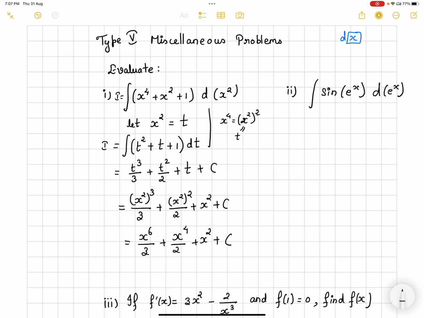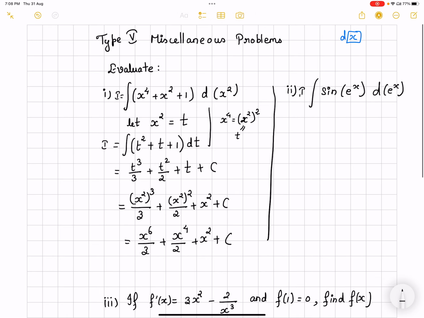Just because we considered x square is equal to t, we were able to integrate it, or else we wouldn't be able to. Now in the next problem, we have the integral of sine of e to the power x d of e to the power x.